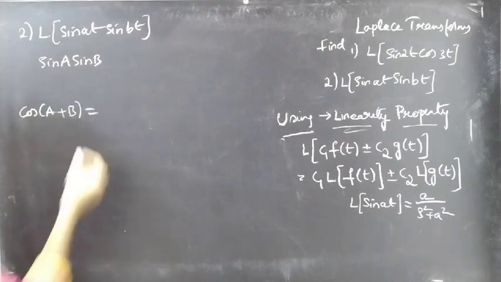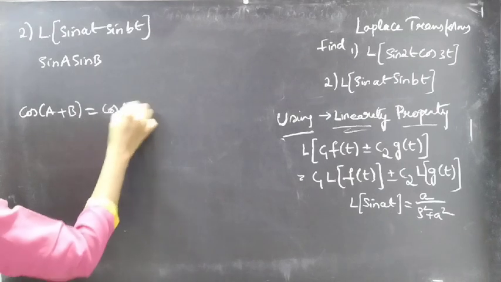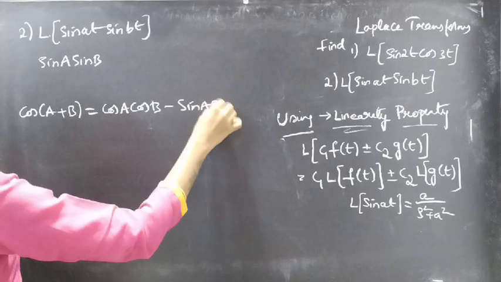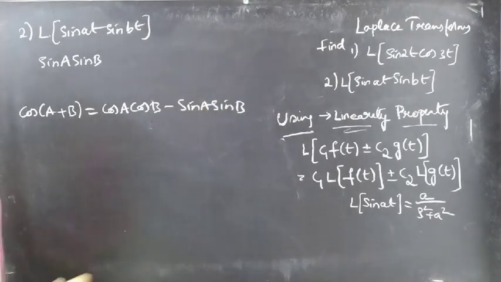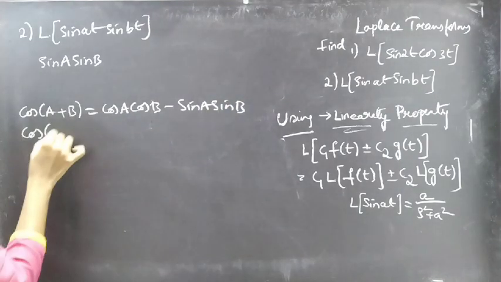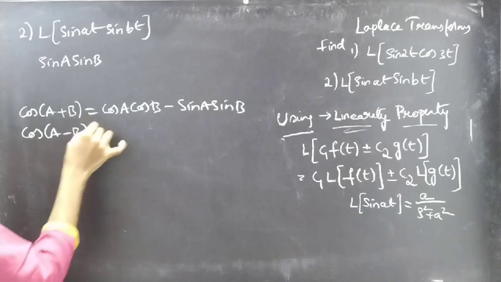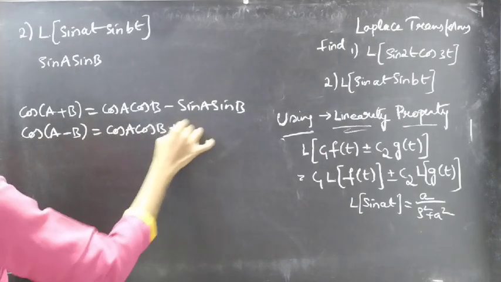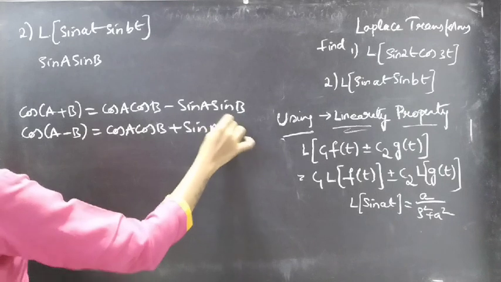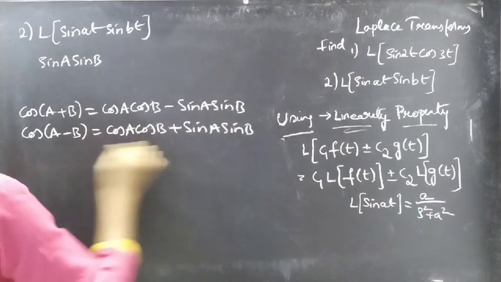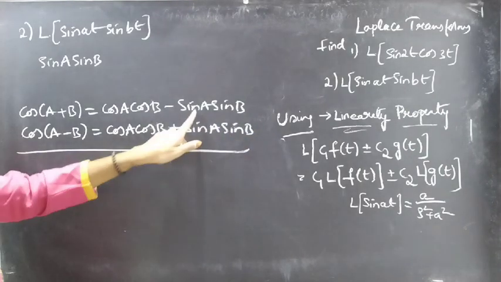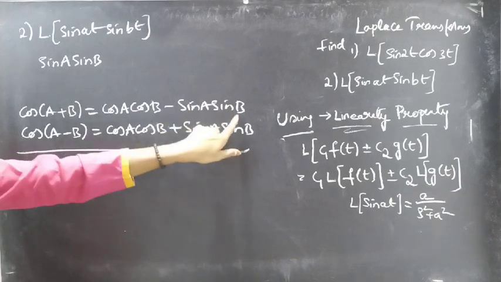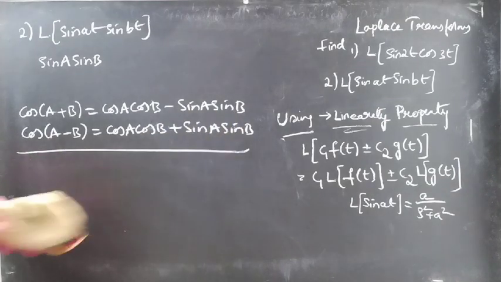We have cos A plus B equals cos A cos B minus sine A sine B, right? And cos A minus B is cos A cos B plus sine A sine B. If you add these two, the sine terms get cancelled because we have minus sine A sine B plus sine A sine B, right?